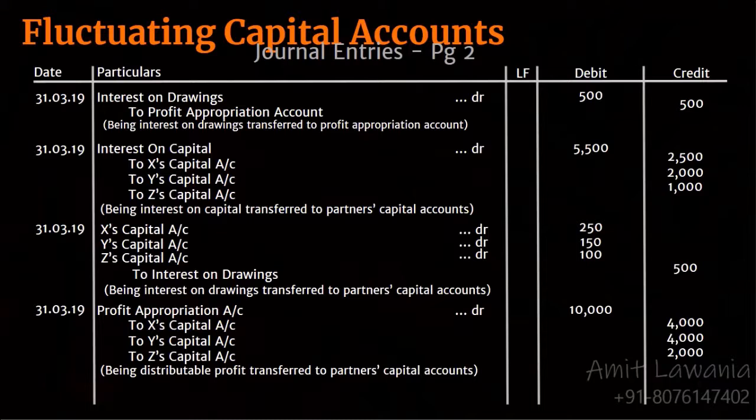It could be a capital account or current account as per the case, but please make sure that all the transactions from the profit appropriation account are transferred to the partners.